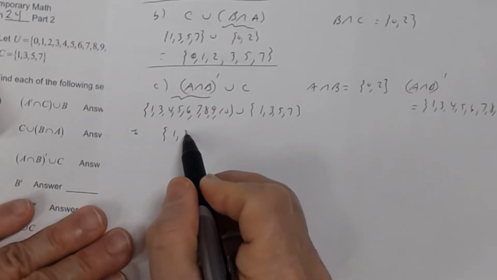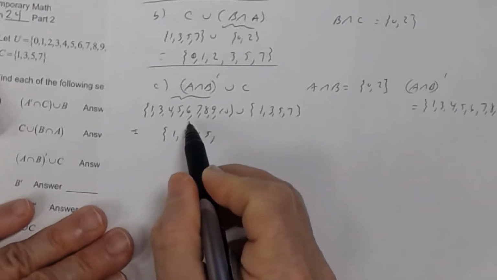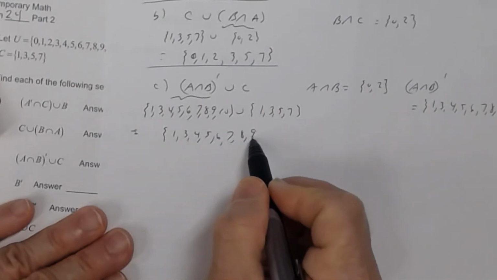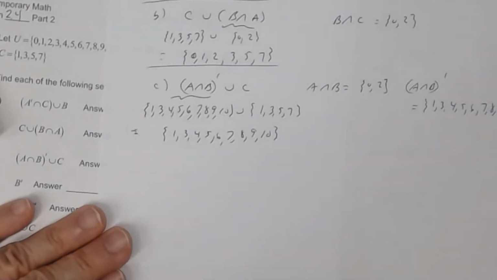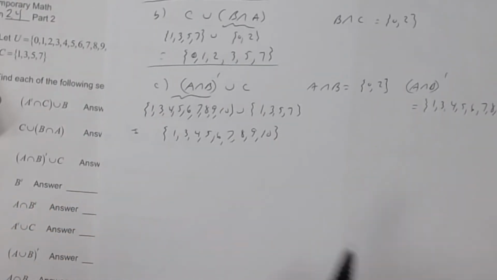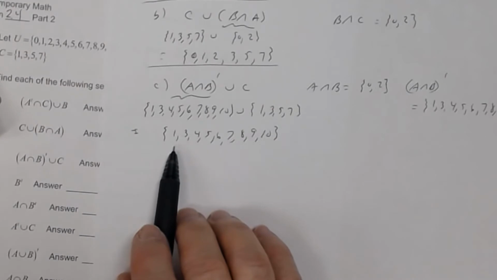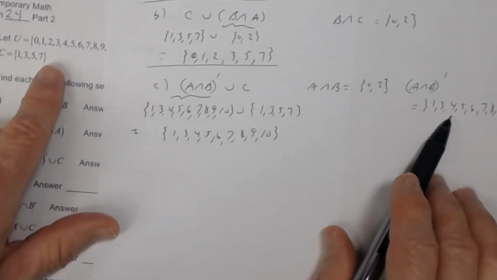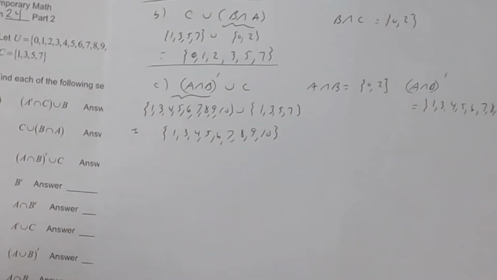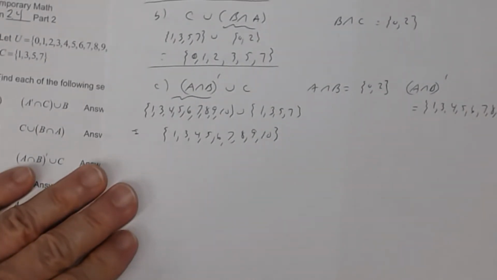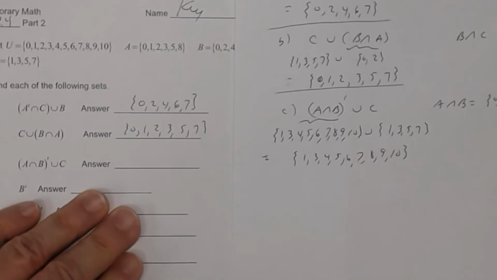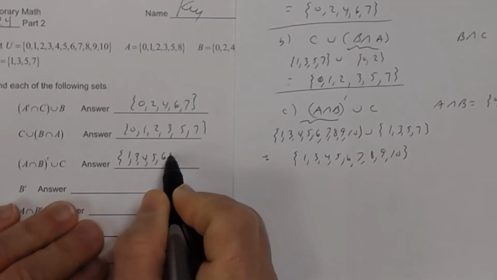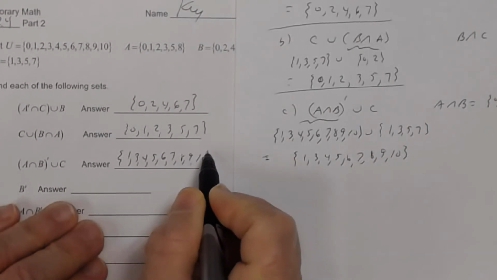So 1, 3, 4, 5, 6, 7, 8, 9, 10. Okay? All right, so that's going to be letter C, 1. Okay, so that's going to go here. So that's going to be 1, 3, 4, 5, 6, 7, 8, 9, 10.